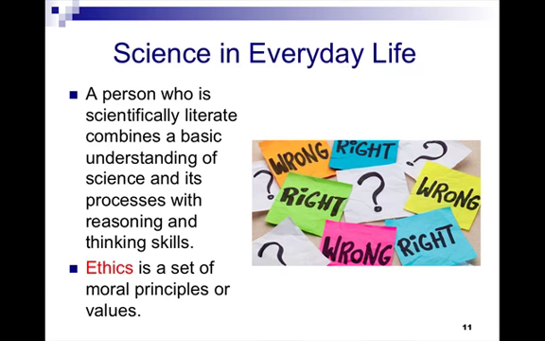All of that is going to happen when we talk about science. So these all play a key, and we'll talk more about ethics in our next section, section 1-3.